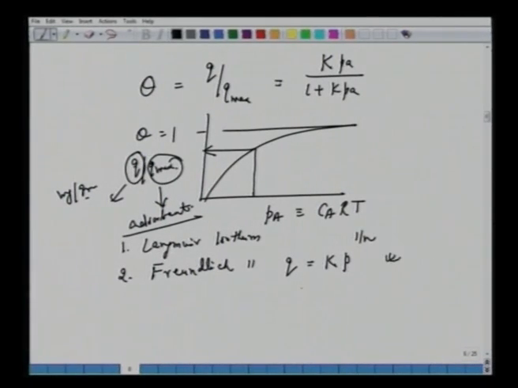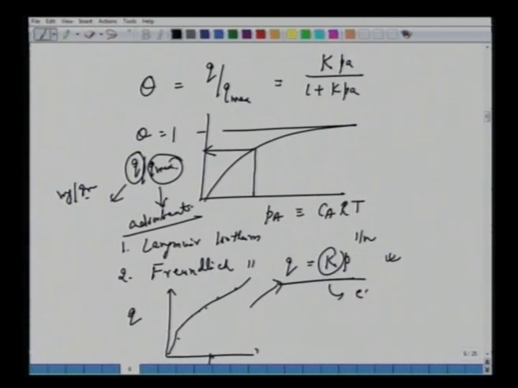This type of situation occurs when you are doing some batch experiments, and you have the data like Q at different concentration or partial pressure. So one can fit a certain line here to obtain this K and n. It's mostly empirical.